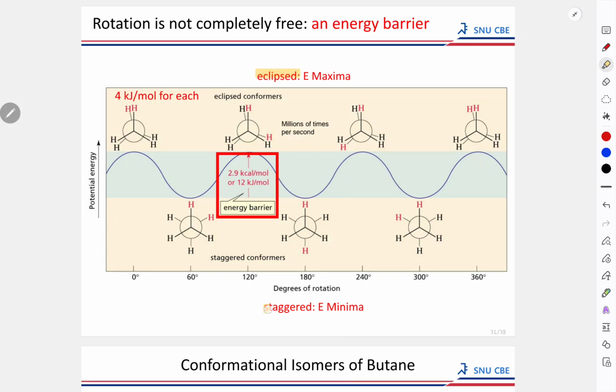And there is a value here, 12 kilojoules per mole. That's the energy difference between the staggered and eclipse conformer. So this is the barrier.